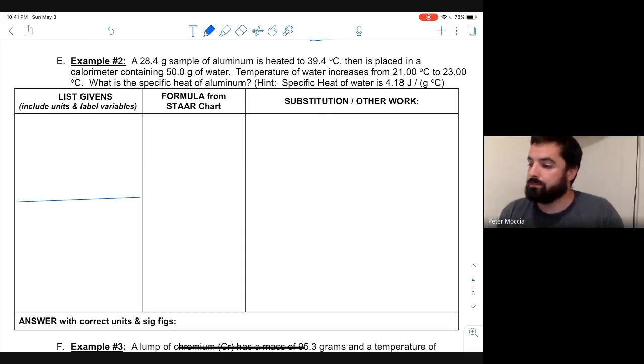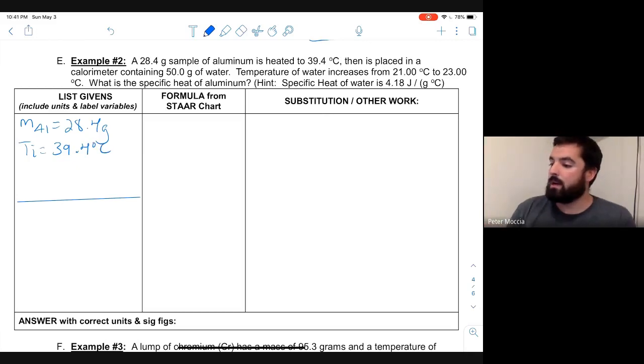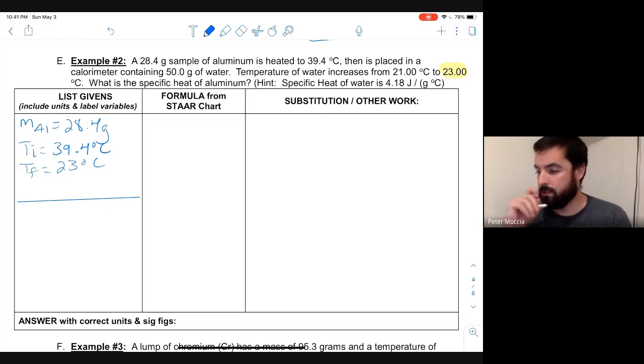So the mass of aluminum is equal to 28.4 grams. The initial temperature of the aluminum is 39.4 degrees Celsius. And then it says the final temperature here is 23 degrees Celsius. TF is equal to 23 degrees Celsius.